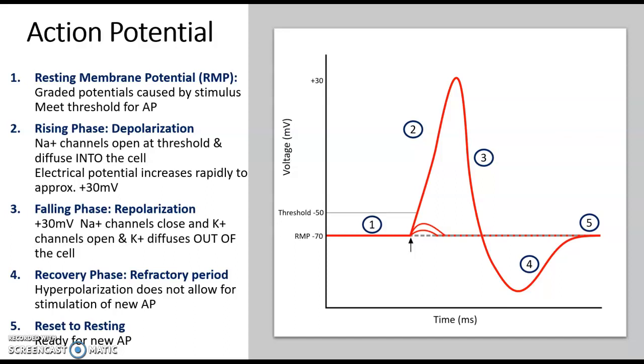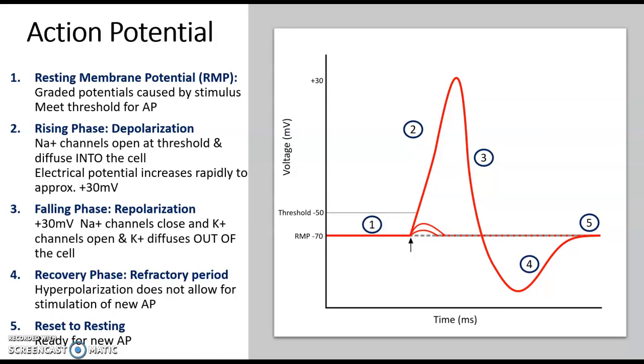So it's almost a 100 millivolt swing from our resting membrane potential to where depolarization actually ends. When depolarization ends, you enter the falling phase or repolarization. This starts at that same positive 30 millivolts where we ended depolarization, as this is a continuous process that happens within a matter of milliseconds.